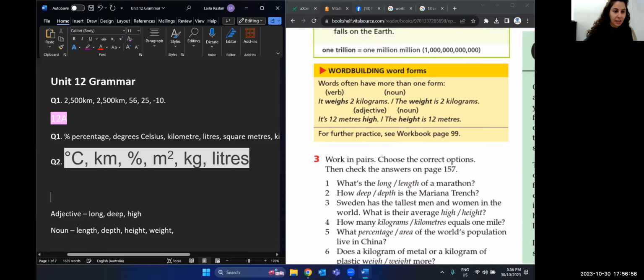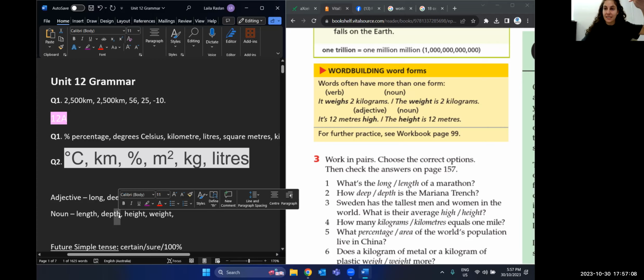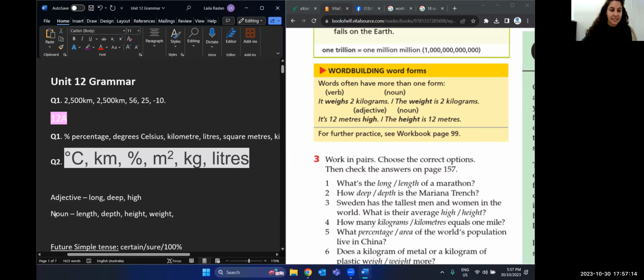So how do you know? Adjectives are usually words like long, deep, high, but nouns are words like length, depth, the TH, which means how deep something is, the height, how high, the weight. So that's just some differences between the same word, which can be an adjective or a noun.